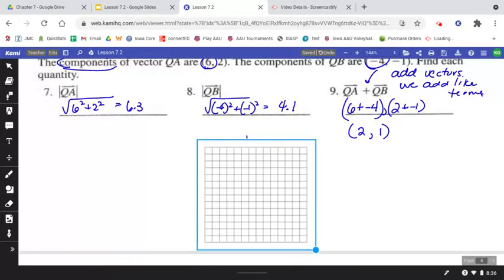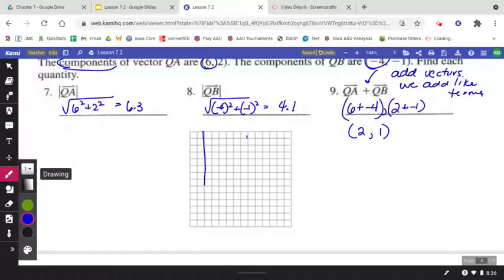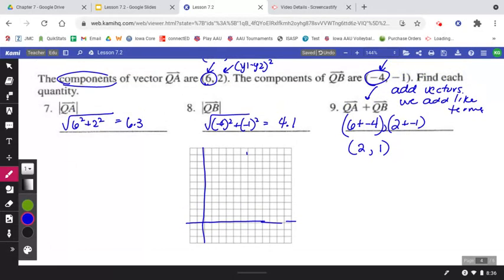So we have QA at 6, 2. And then I have QB at -4, 1.